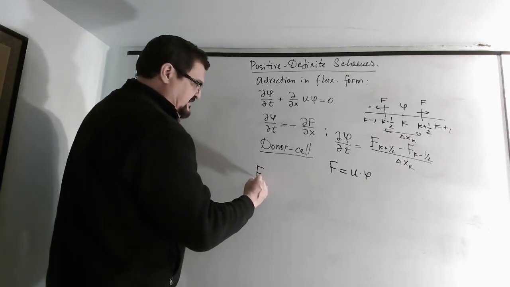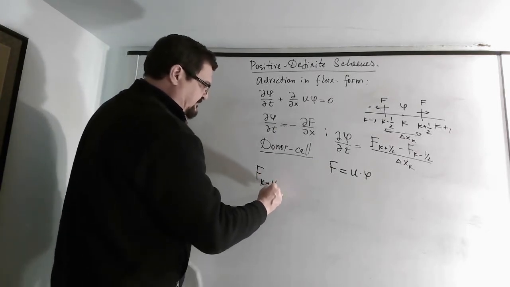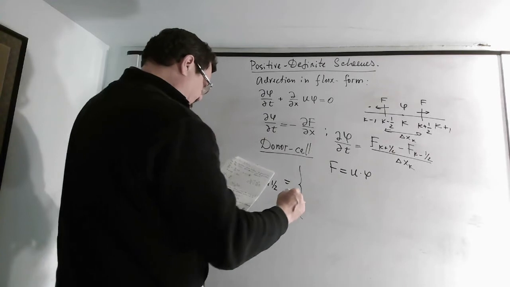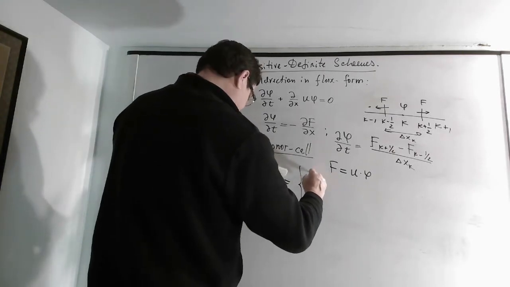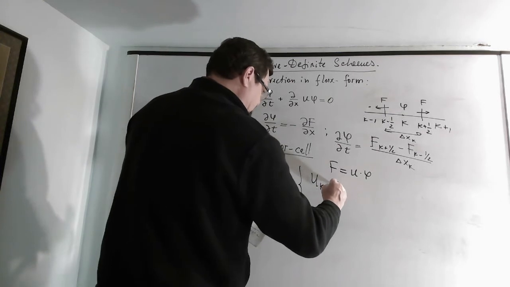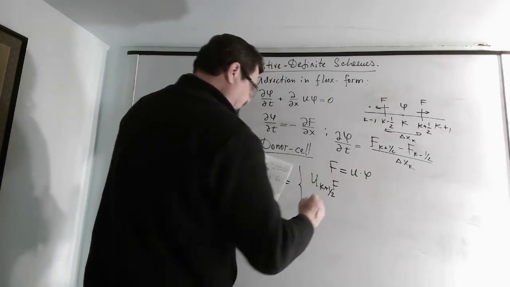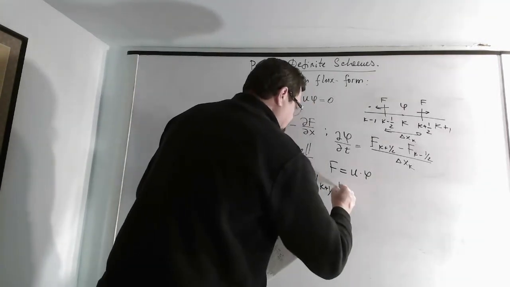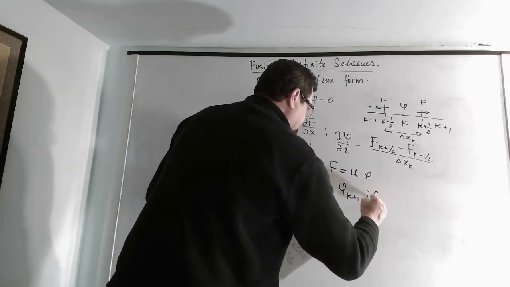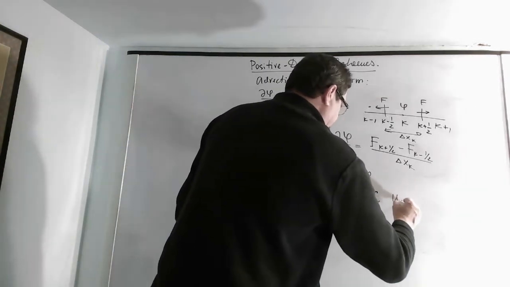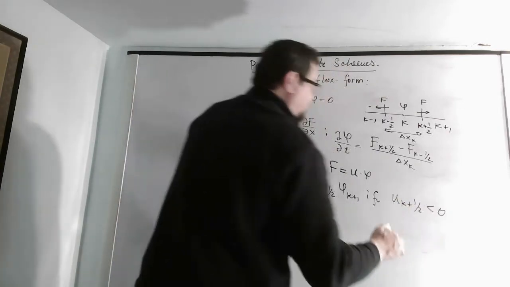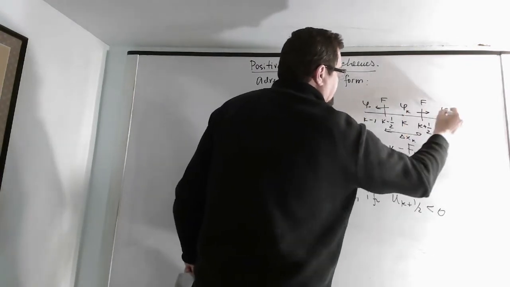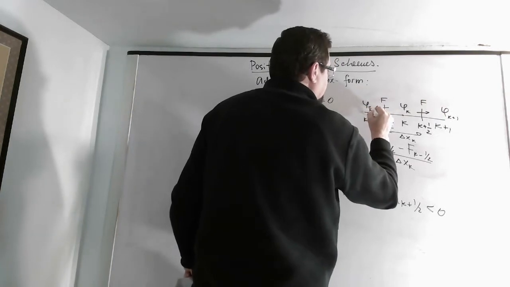So you basically say that the flux at k plus 1/2, on this boundary, equals u at k plus 1/2 times phi at k plus 1 if u at k plus 1/2 is smaller than 0. So here is phi, this is k plus 1, k minus 1.